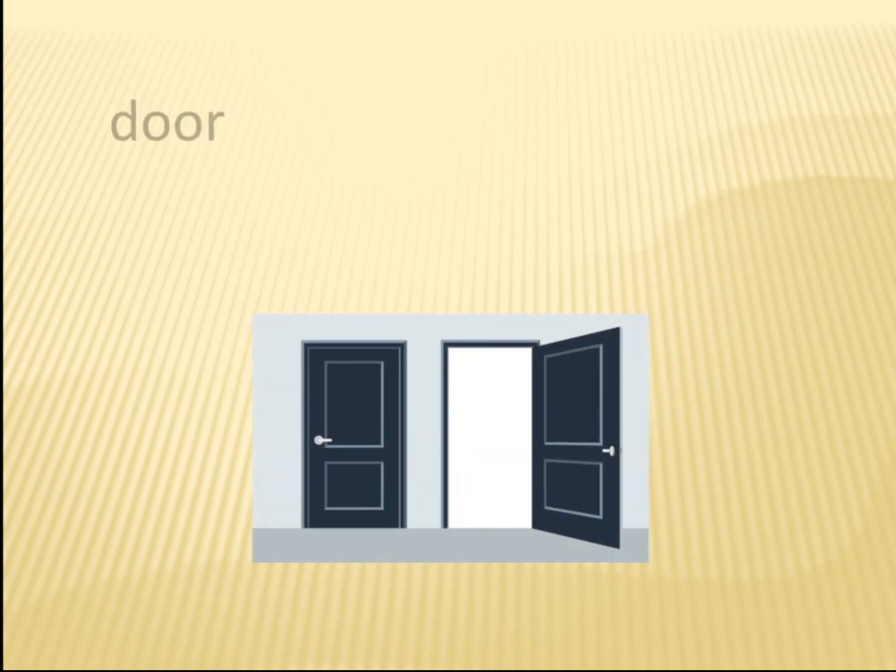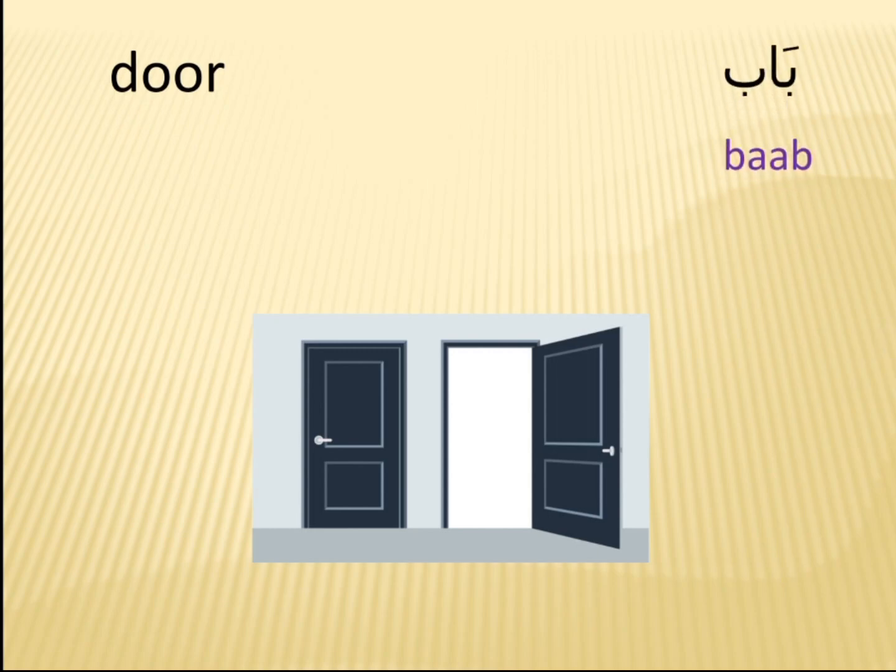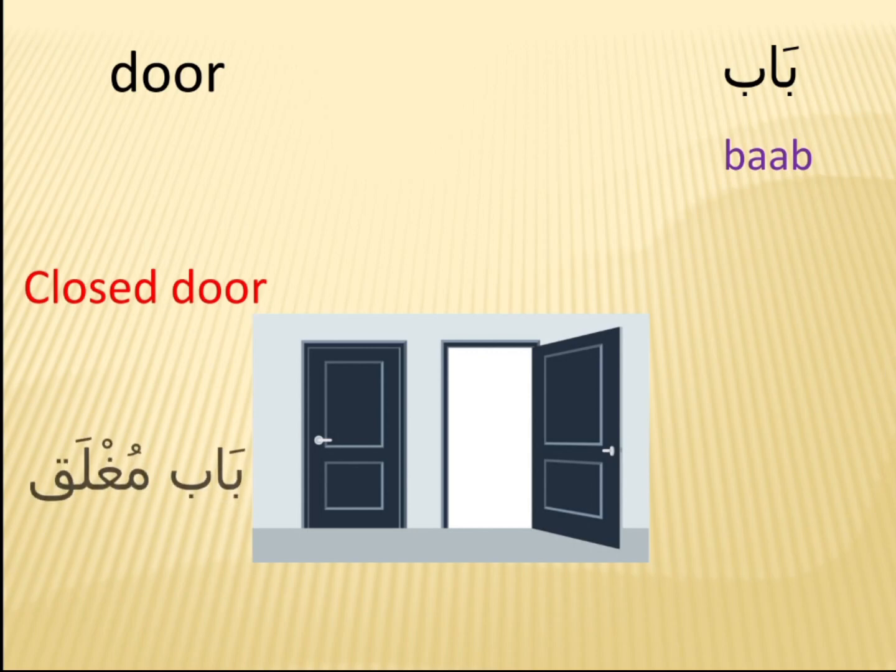Let's move to a new word, which is door. Door means باب. باب is a masculine word, so it takes masculine adjectives. On your left, there is a closed door. باب مغلق.